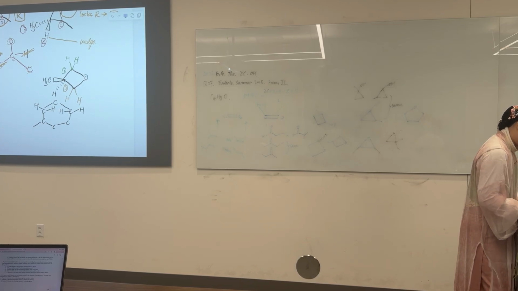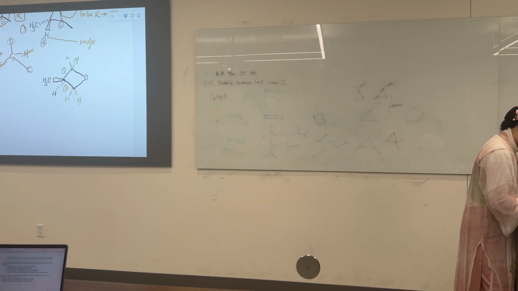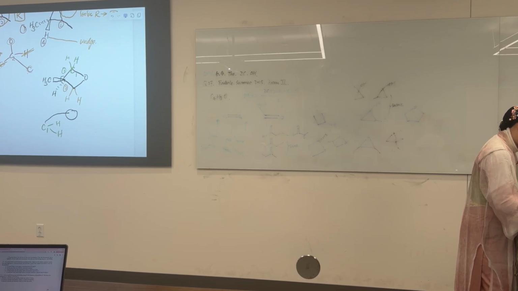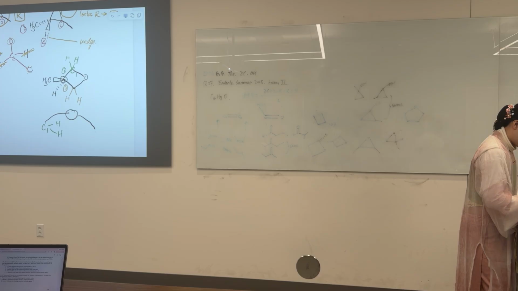I messed up. Okay, let's just compare like this. This carbon number 1 is bonded with hydrogen, hydrogen. They are bonded to the same thing, which is here. Carbon number 2 is bonded to hydrogen and hydrogen.